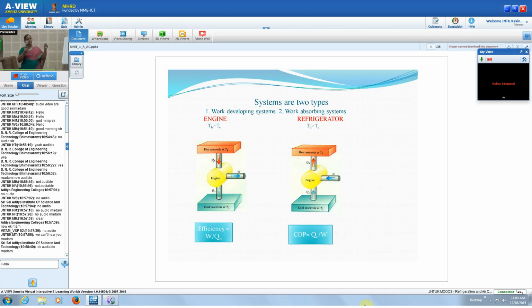Some work is given for maintaining the lower temperature, and the heat taken away from the cold reservoir is given to the atmosphere. If you see the efficiency of the engine, that is nothing but the work done divided by the heat supplied. Whereas the COP of the refrigerator is nothing but the cooling effect produced in the cold reservoir divided by the work input.